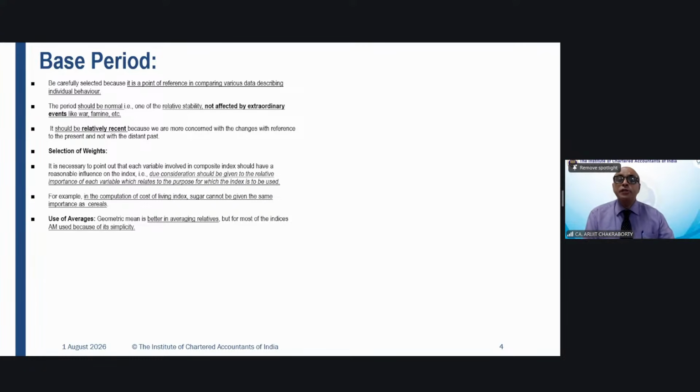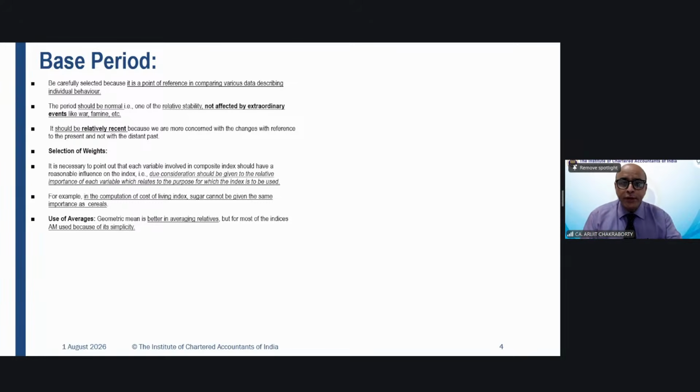So arithmetic mean, geometric mean, this is also used in the case of index number calculation. And here you can see that geometric mean is definitely better in averaging the relatives. However, we will find that in practical life, arithmetic mean is often used simply because, sometimes we say that simplicity decides the usage.